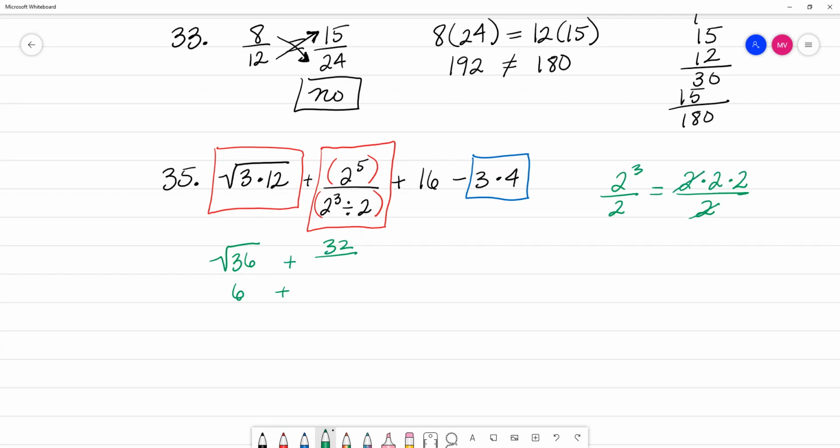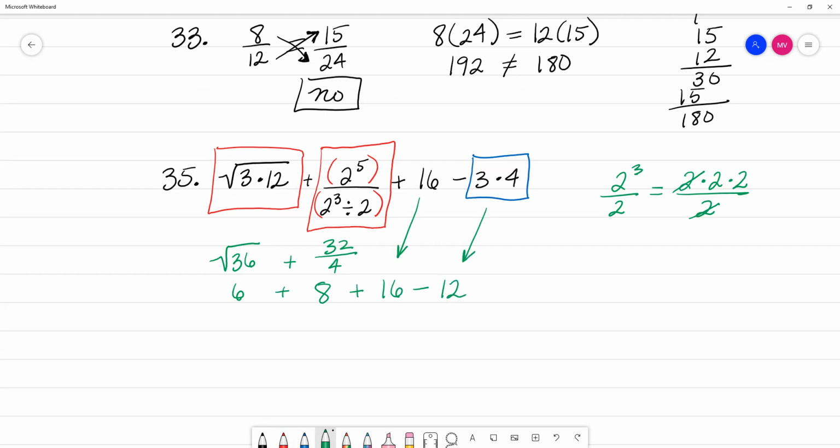So that 2 in the denominator cancels out one of your 2's, and you're left with 4. So this is 32 divided by 4. 4 goes into 32 how many times? Right, so we've got an 8. And then we can bring down our 16 and we can subtract 3 times 4, which is 12.